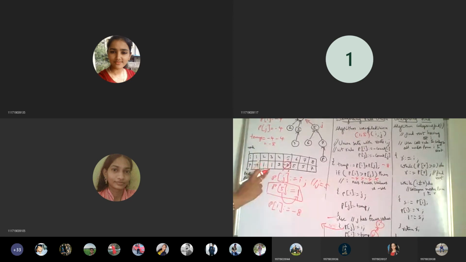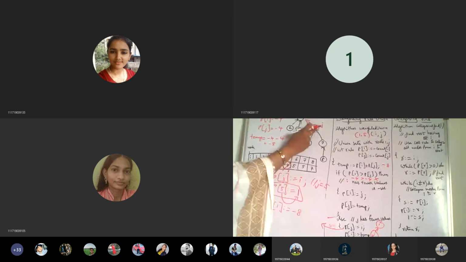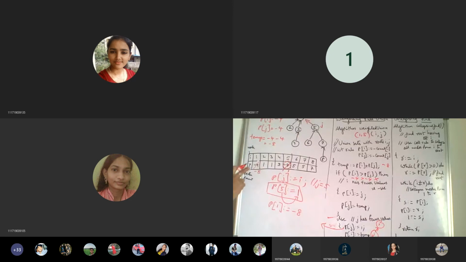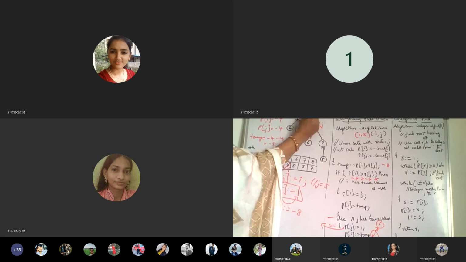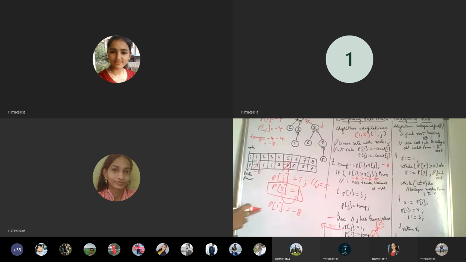So what does this mean? 5's parent has become 1. Yes or no? 5's parent has become 1 and the root node now has minus 8. Okay, so that is how we are going to perform the weighting rule union.